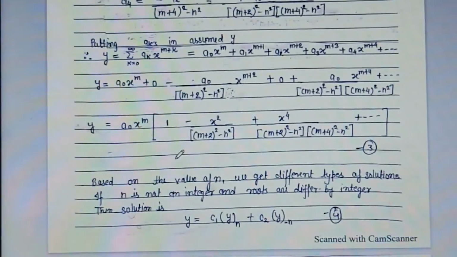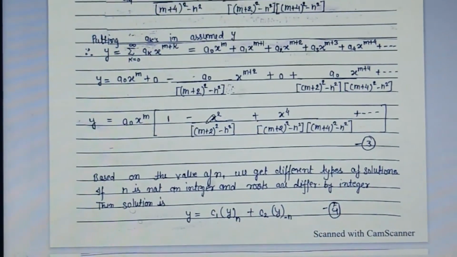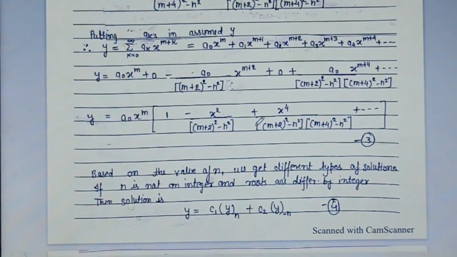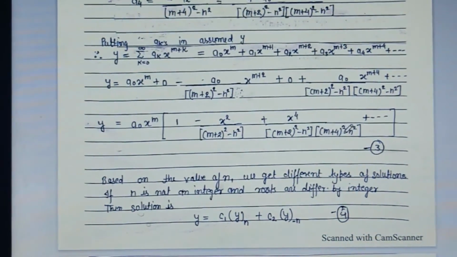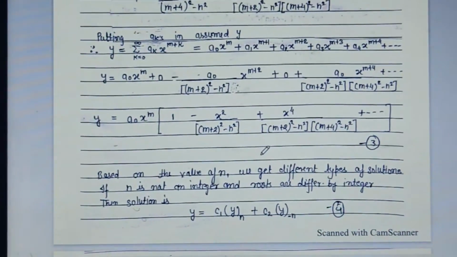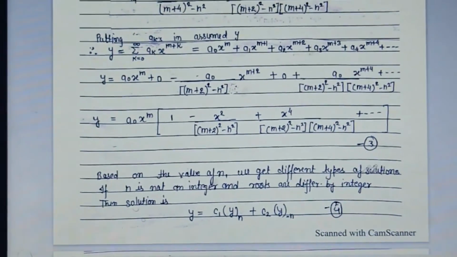So y is equal to a0 x^m times [1 - x^2 divided by ((m+2)^2 - n^2) + x^4 divided by ((m+2)^2 - n^2)((m+4)^2 - n^2) - and so on]. So based on the value of n, we get different types of solutions.